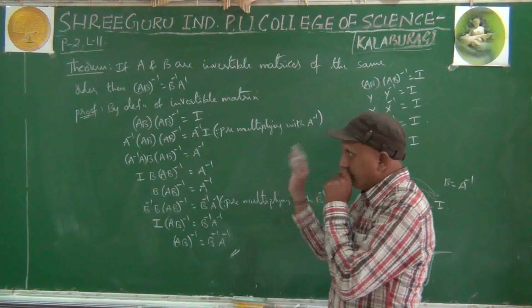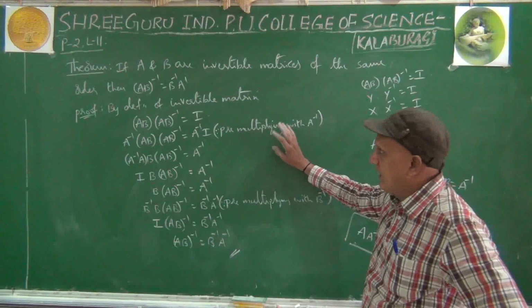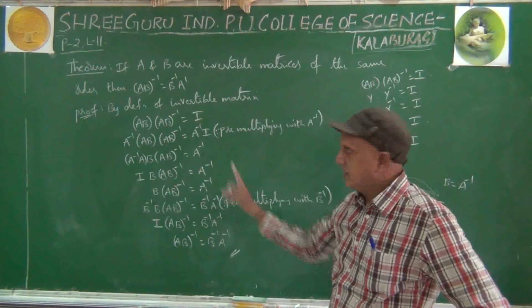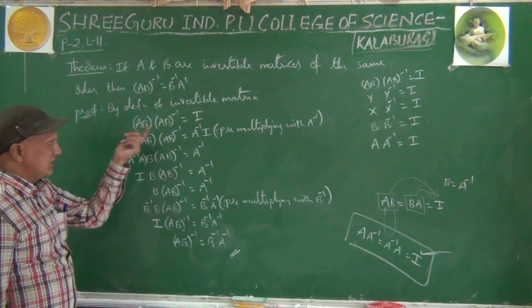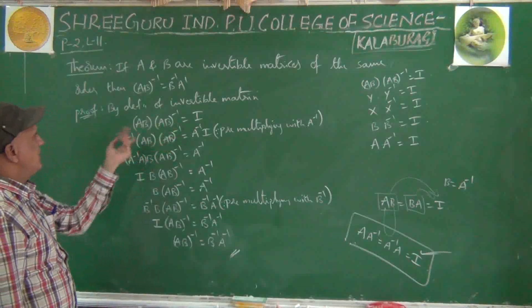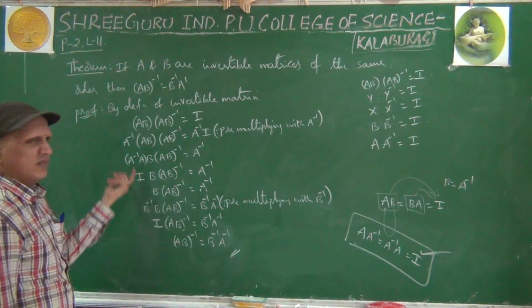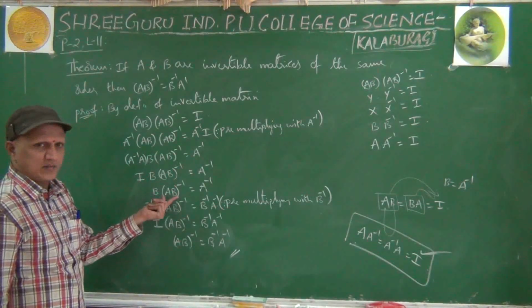That only we got. Be very careful with the steps. Each and every step is compulsory. People think they can overlook pre-multiplication with A inverse: A inverse into AB, why write I, I into B. Not directly can we write this step.